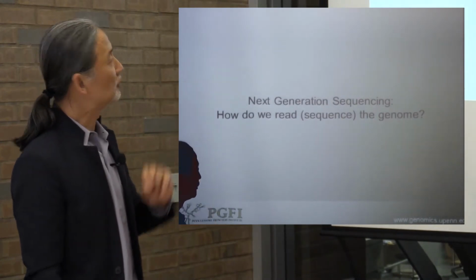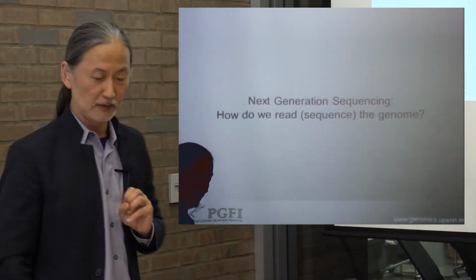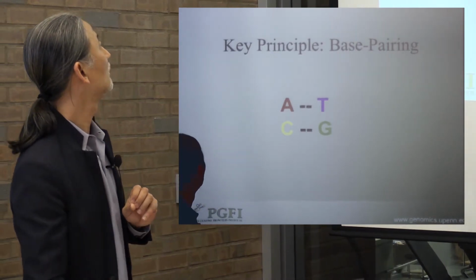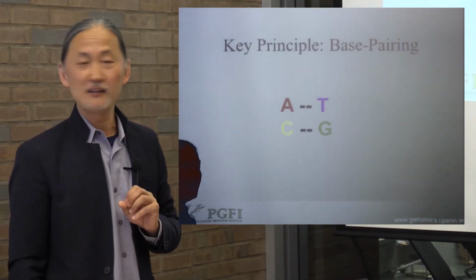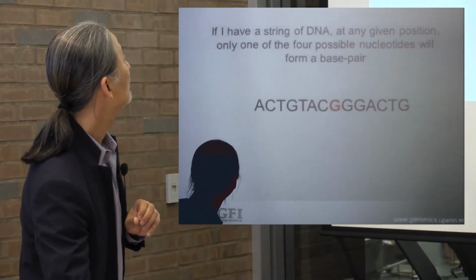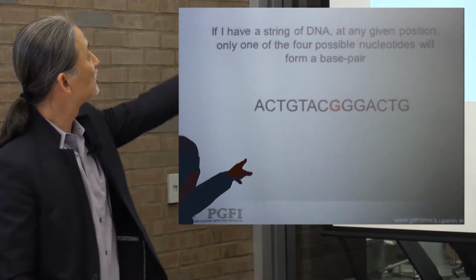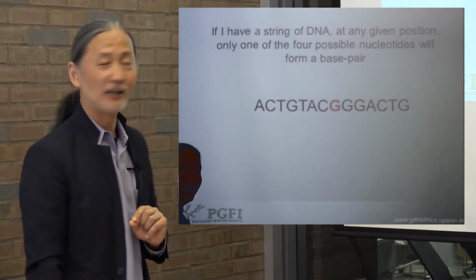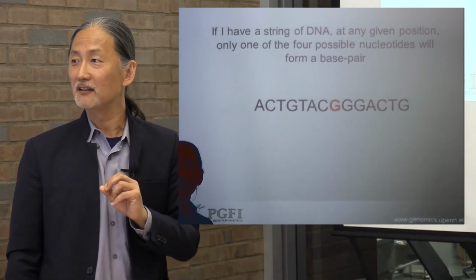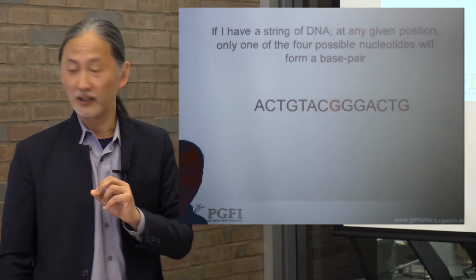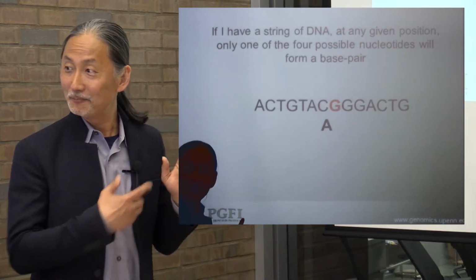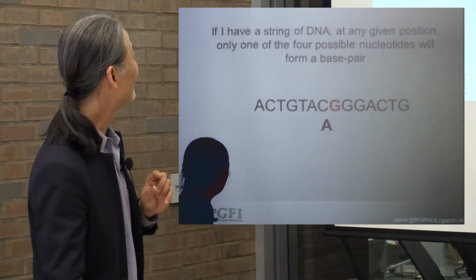So how do these sequencing reactions actually happen in a sequencer? The main key is, as you know, the base pairing rules. You have the AT base pairing and CG base pairing. So if you have a string of DNA, at any given position, like that G right there that's lit up, only one of the bases can form a base pair with it.